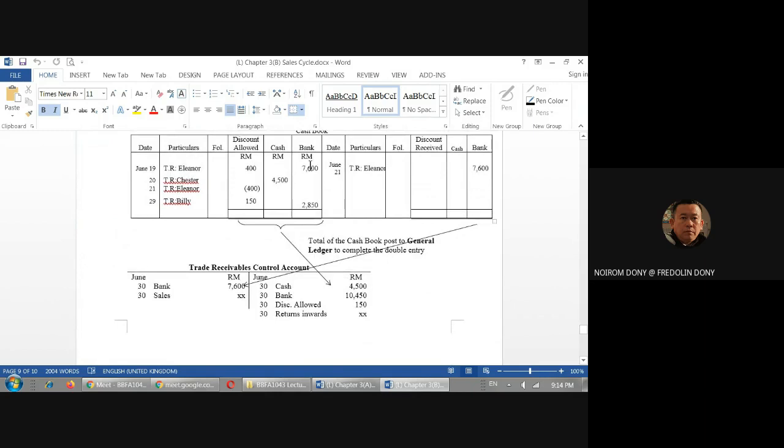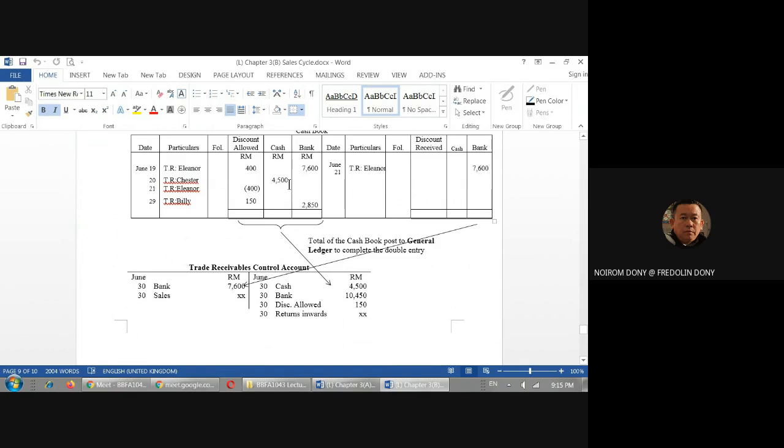Total 7,600 plus 2,850, and then 4,500. This one 150. Then we do the posting. We don't have to open up a cash account and bank account, because this cash column and bank column are regarded as part of the general ledger account.